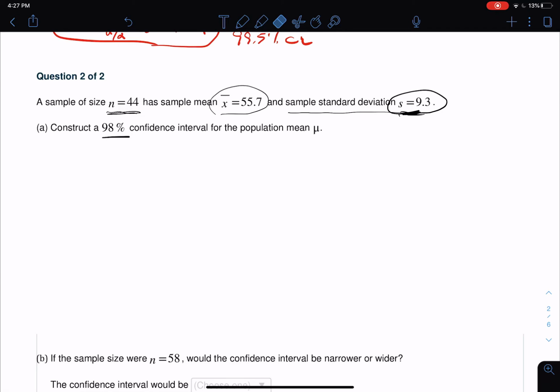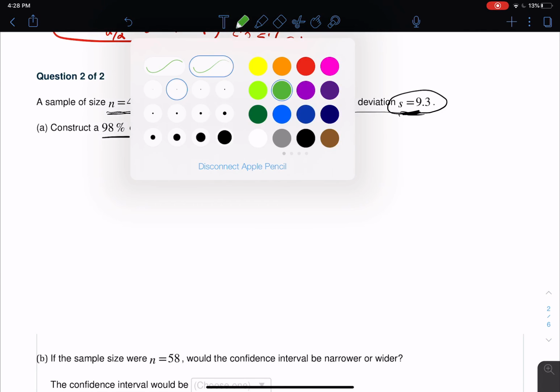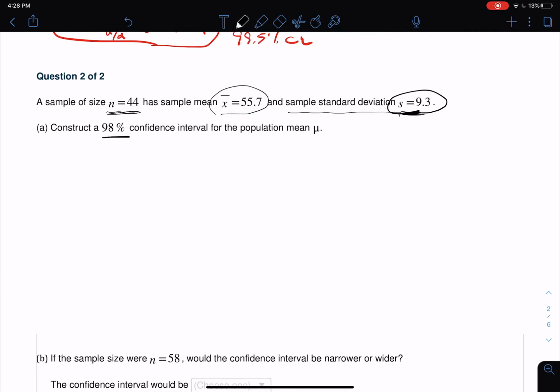And what I would like to do is just write down that formula. That formula was, once again, sample mean minus my critical value from the t-distribution times S divided by the square root of n. That gives us something called the margin of error, right? And we're trying to say that mu is bigger than this, but smaller than, so this gives us an interval.